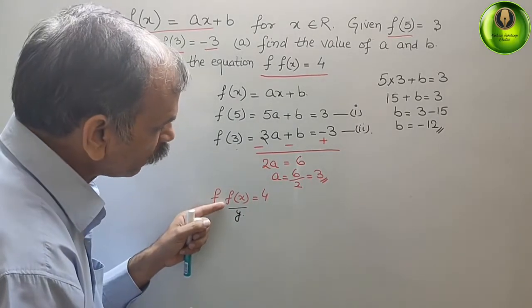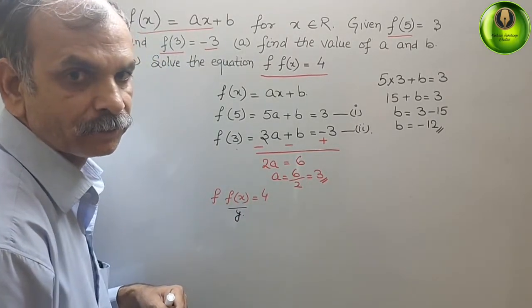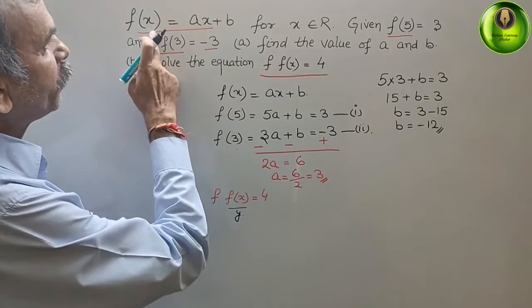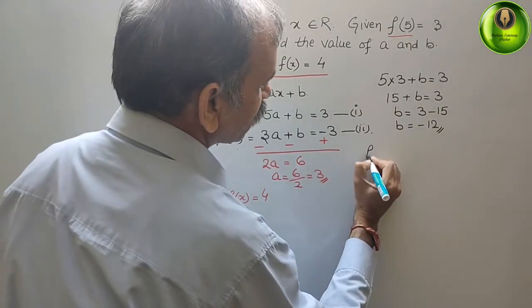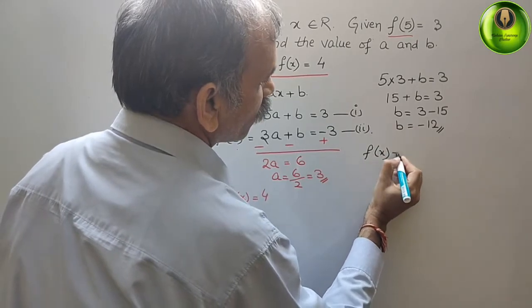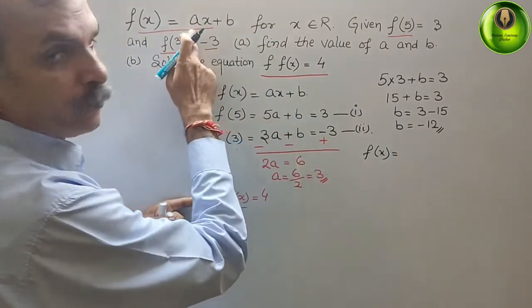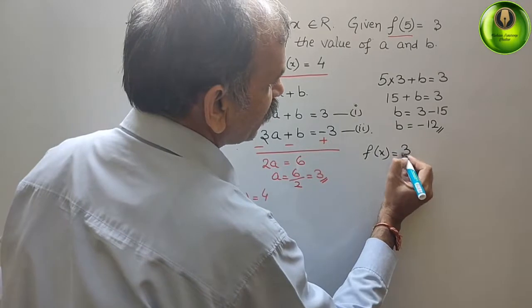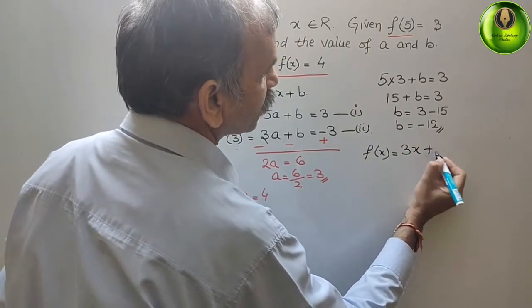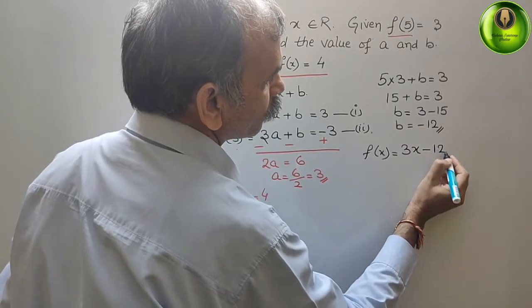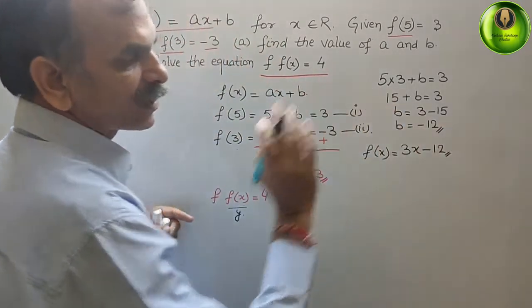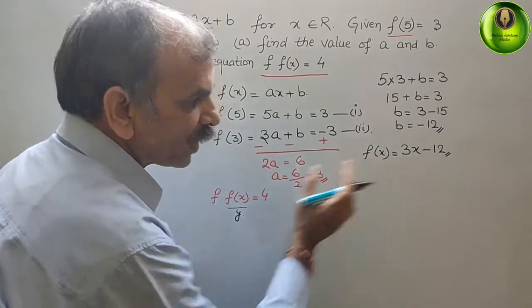Now first you have to solve for f(x). f(x) is nothing but this value. So a is 3, you will get 3x minus 12. So this is your f(x). That means this is your y.